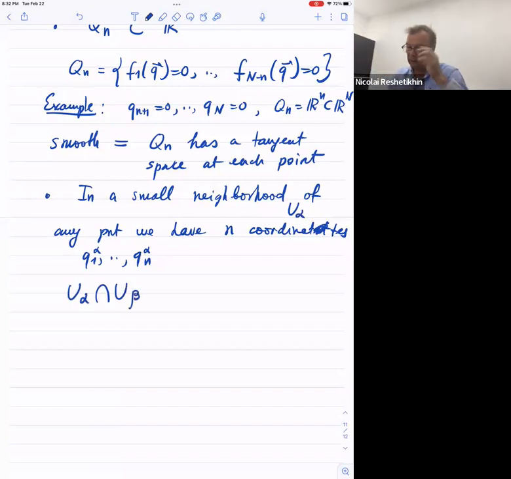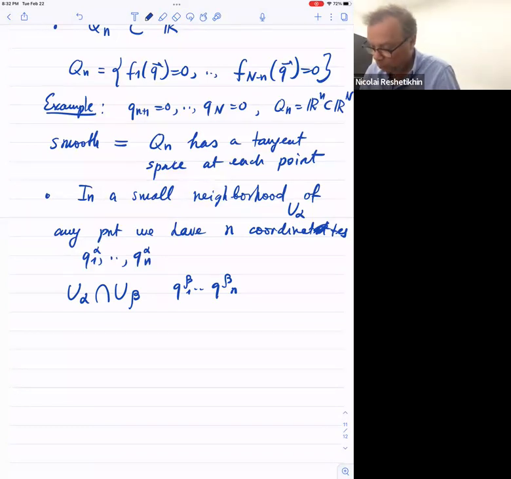So assume we have two neighborhoods that overlap. Then on these neighborhoods, we have two coordinate systems, q^1 alpha, ..., q^n alpha, and q^1 beta, ..., q^n beta. So we can make a coordinate change.